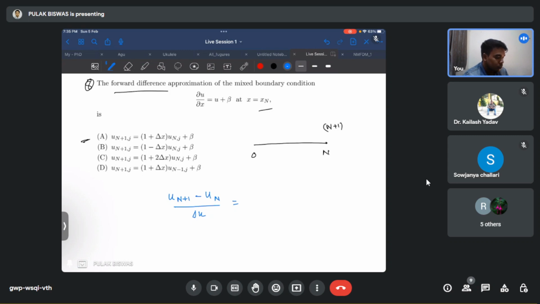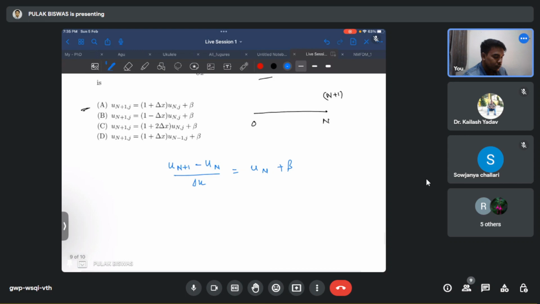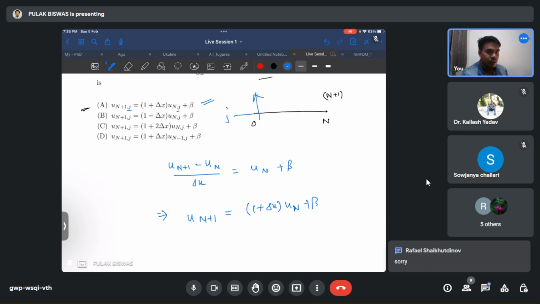This one is un plus beta. So if you simply rearrange these things, you are getting this one easily. Let me complete this one. This is constant actually, j, so we are not considering the other dimension. This is same at j, so that is why it is j.